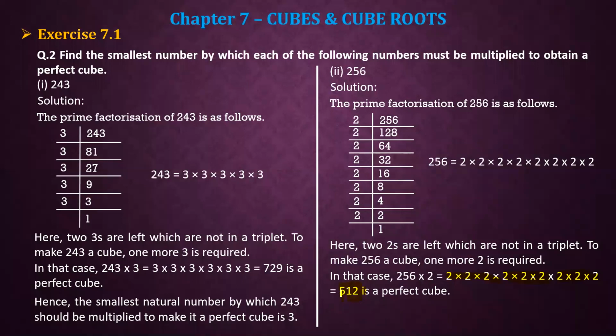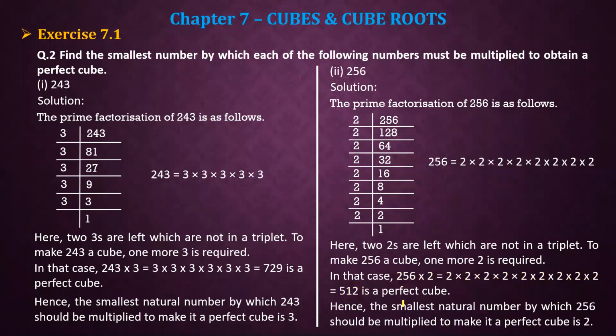And how did we get this 512? We got 512 because we took the multiplication of 256 into 2, and that multiplication is 512. In this way we can solve the given question, and we can write the final statement like this: the smallest natural number by which 256 should be multiplied to make a perfect cube is 2.